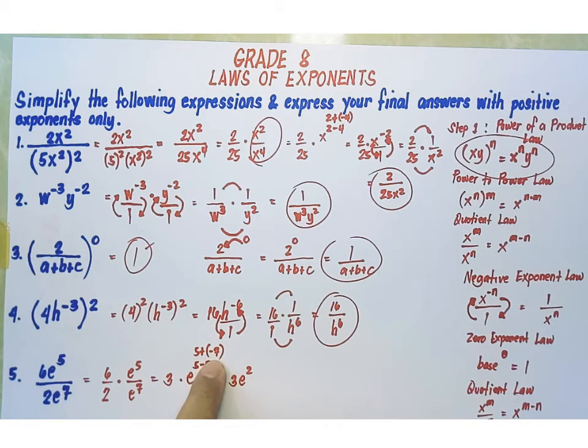Negative 7 has a greater absolute value, so we follow its sign. This is negative. We have to make the exponent positive. Again, you put over 1 and flip to make the exponent positive. So this is the same as 3 over 1 times, flip the numerator and the denominator to make the exponent positive. Magiging positive na yung exponent ng e.